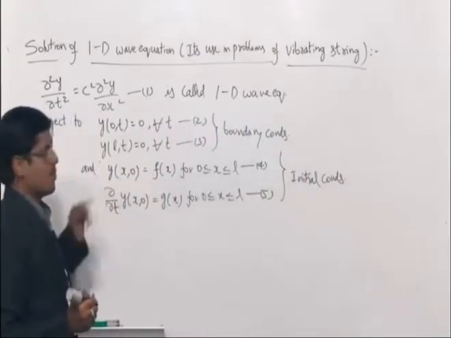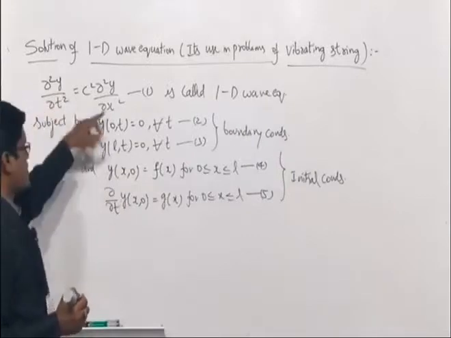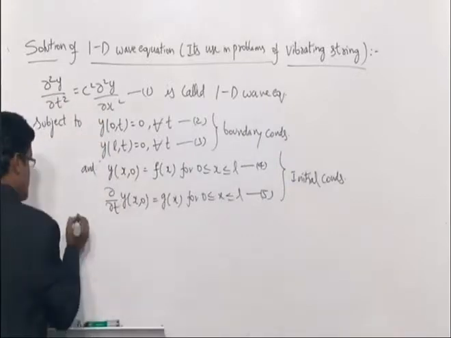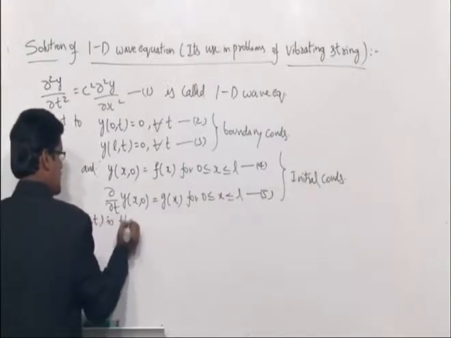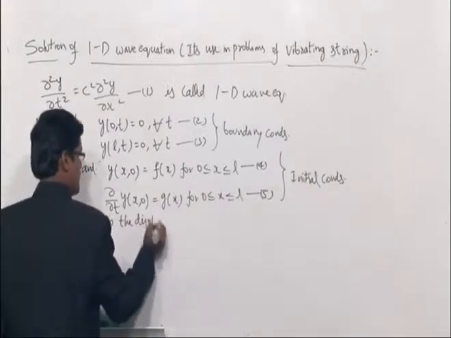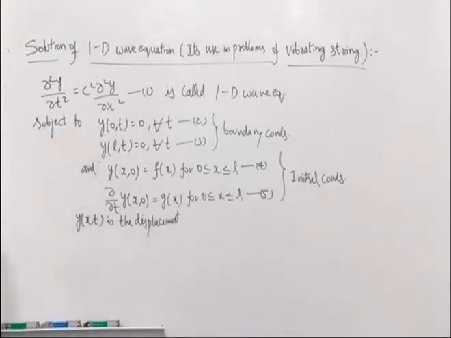Initial displacement, initial velocity. So this problem tells that y of x comma t is the displacement.